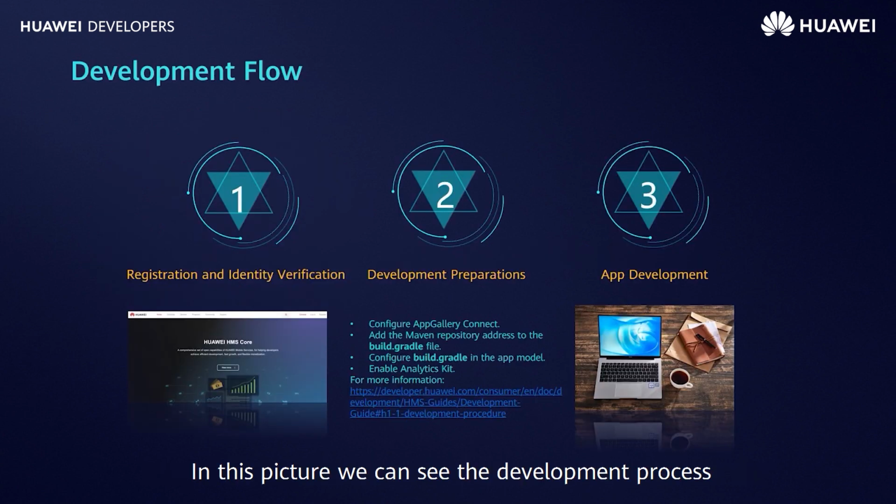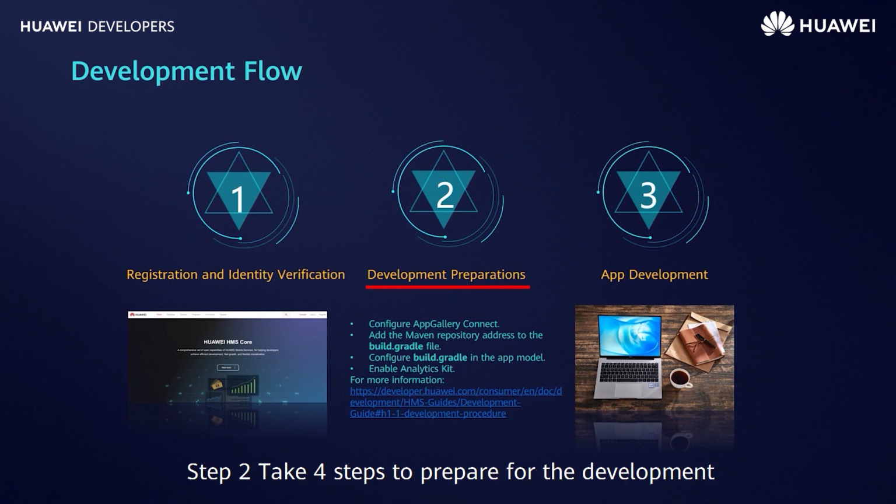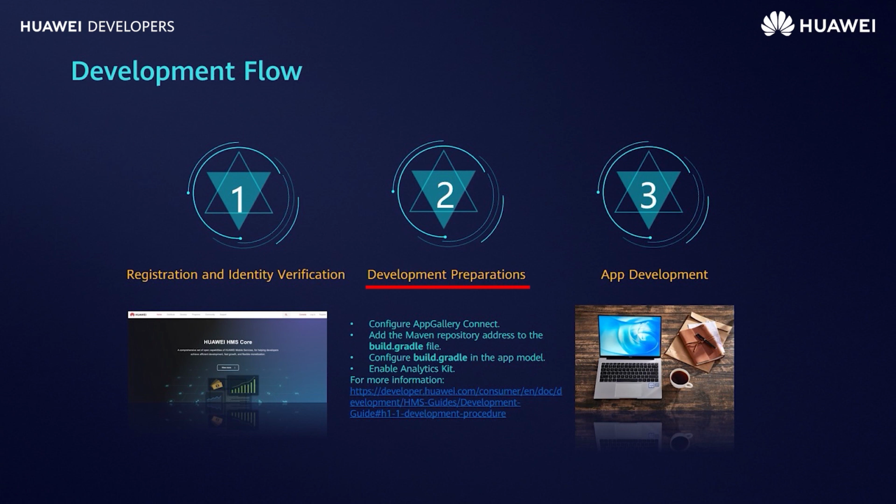In this picture, we can see the development process of Analytics Kit is divided into 3 steps. Step 1. Sign up as a Huawei developer and complete real name authentication. Step 2. Take 4 steps to prepare for the development. First, configure AppGallery Connect AGC.